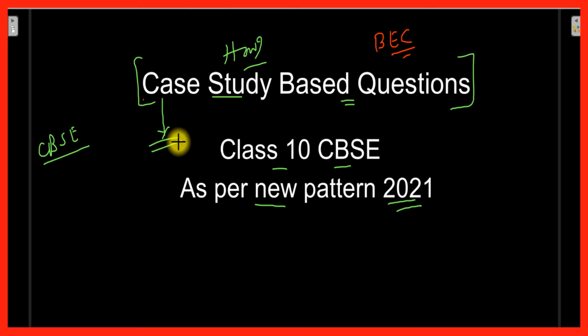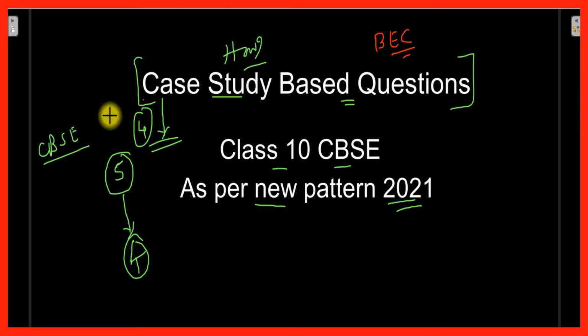These are 1 mark questions. One case will be given to you, and on that case 5 sub questions will be asked, out of which you have to solve any 4. In all there will be 4 such questions, so this will be a 16 mark question.